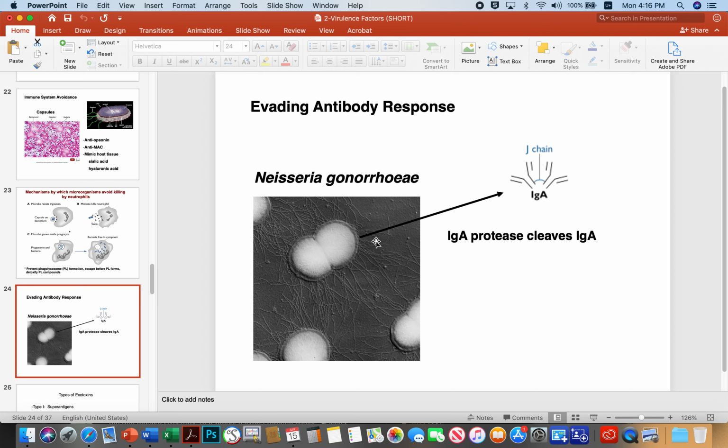Neisseria, being an organism that colonizes mucous membranes, particularly the urethra, will produce a protease that breaks down IgA. Here's an IgA molecule, and each of these little regions right here is an antigen binding site. But this microbe will produce a protease that can chop this all up so that it can't work. So if we produce this antibody to attack this microbe, it can counterpunch by chopping that up.